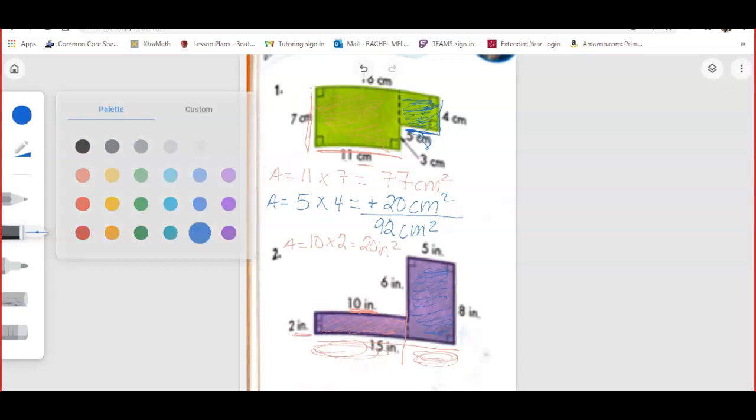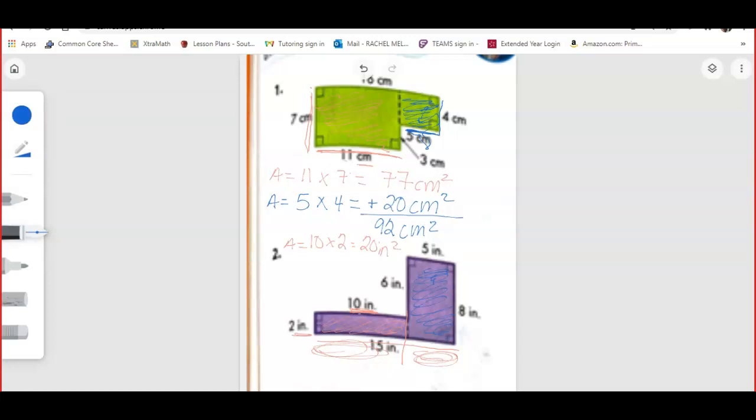When I'm looking over here at this rectangle, down here the whole thing is 15. But this part I've already used when I did my 10 for the pink rectangle. So this is the part that I want. I need to look up here, and here's my 5 inches.